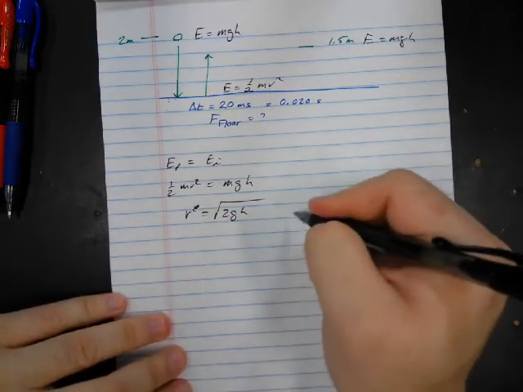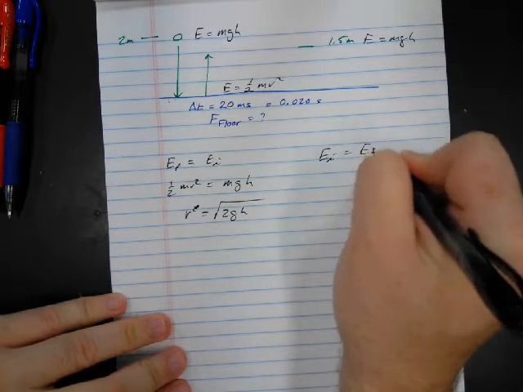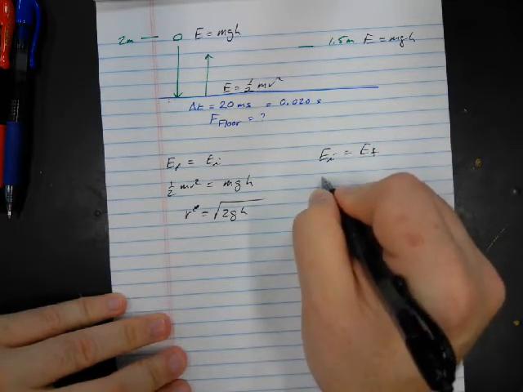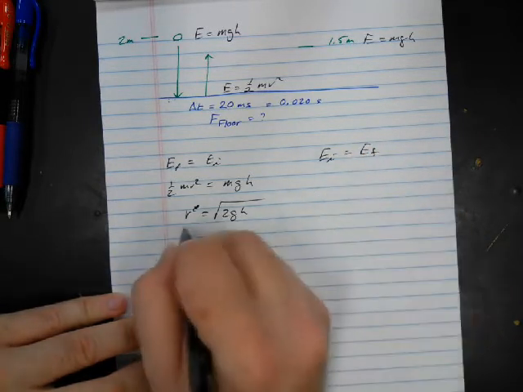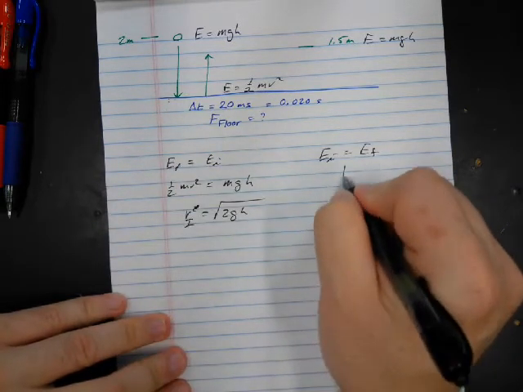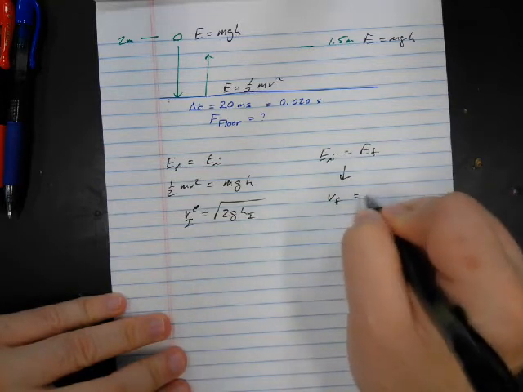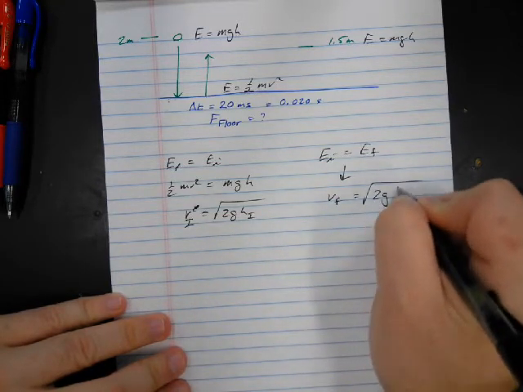And the same thing is going to happen on the other side here. Energy initial is energy final. So this is going to be V initial into the collision. And what we'll get from this is V final is going to be square root 2g h final.